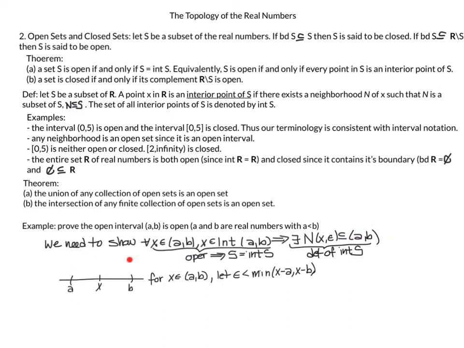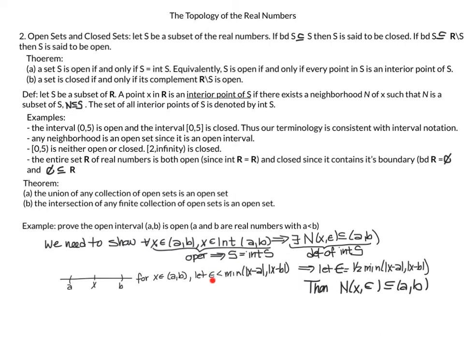And this is sort of like that earlier example where we're looking at the interval (0, 5). So we're going to let x be in the interval (a, b), and we want an epsilon less than the minimum of the distance from x to a and x to b. So here we have epsilon is less than the minimum of |x - a| and |x - b|.